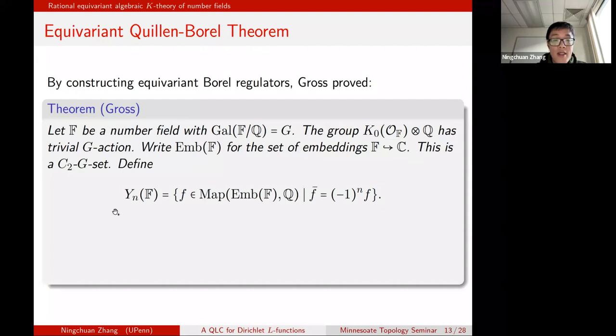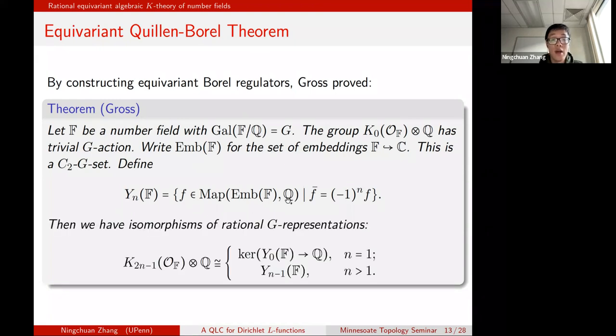And then we define this set: a free rational vector space generated by the embeddings. This space will have a C_2 action by complex conjugation, and we take the (-1)^n eigenspace.